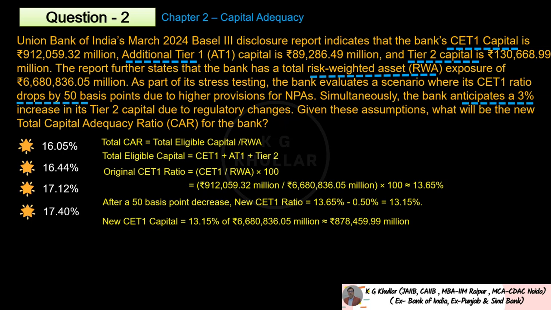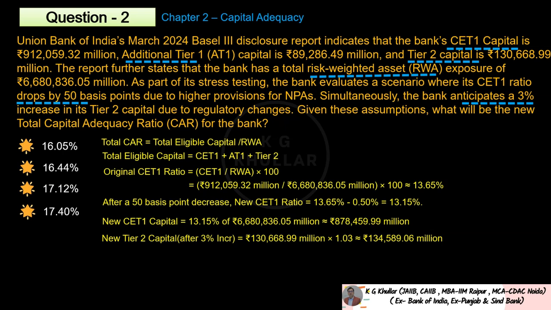That is, new CET1 capital equals 13.15% of 66,80,836.05 million, which is nothing but 878,459.99 million. Then friends, in the question it also says that tier 2 capital increases by 3%. So the new tier 2 capital will be 130,668.99 million multiplied by 1.03, which approximately equals 134,589.06 million.